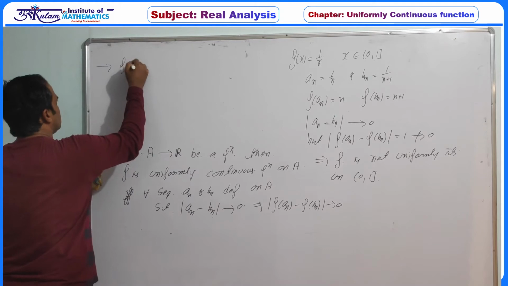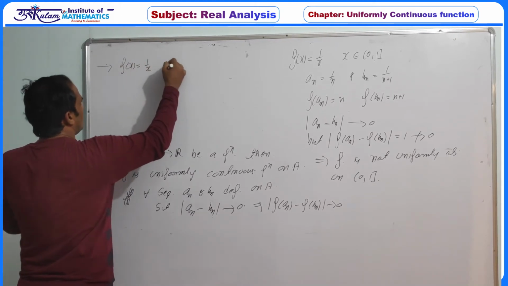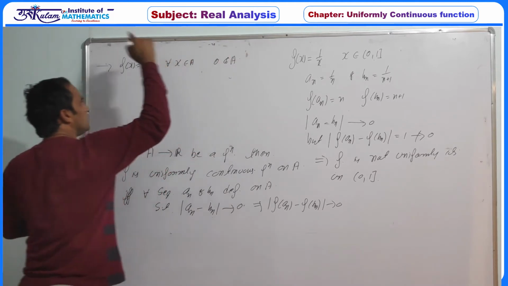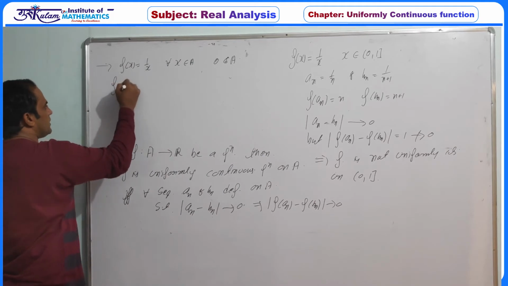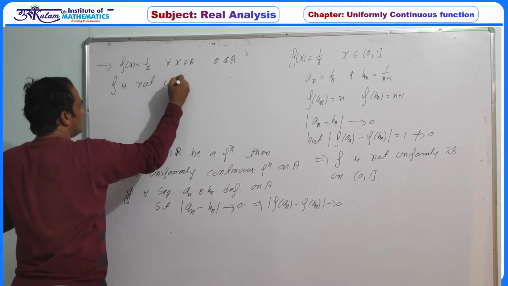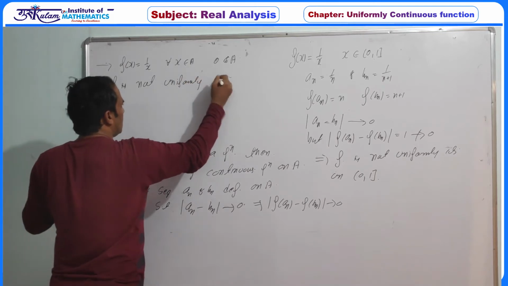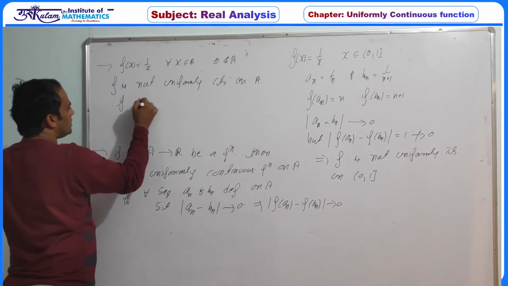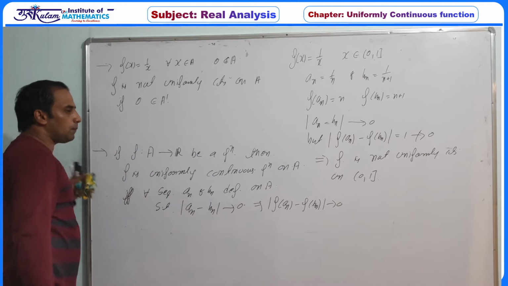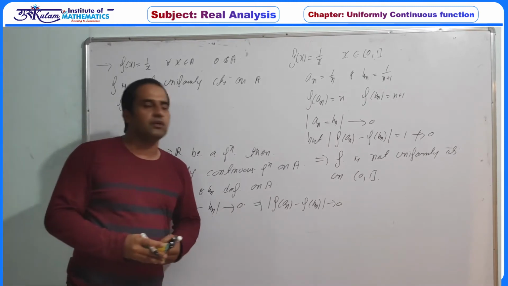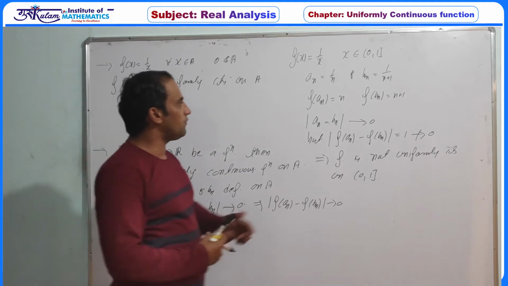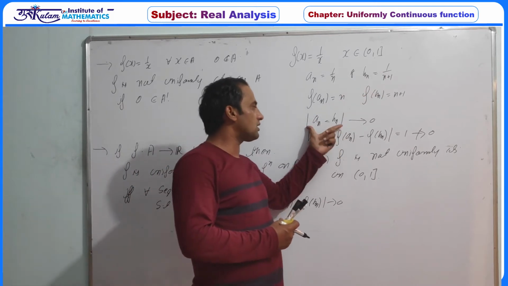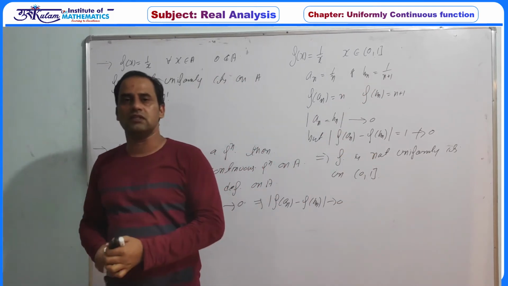So f(x) = 1/x for all x belonging to A, but 0 does not belong to A, otherwise this function is not defined. Then f is not uniformly continuous on A if 0 belongs to A', that is, 0 is a limit point of A. This is never uniformly continuous, because we can always define a sequence of this form or similar to this form such that this difference converges to 0, but this difference does not converge to 0.